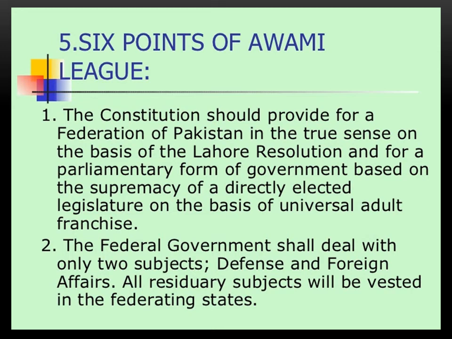And they stated that it was even stated in the Lahore Resolution, which was the Pakistan Resolution. And for a parliamentary form of government based on the supremacy of a directly elected legislature on the basis of universal adult franchise, they called for a complete democratic system. They asked for a universal adult franchise-like voting system.